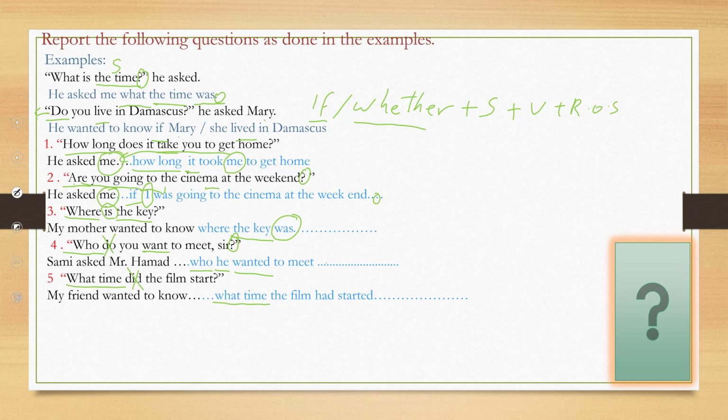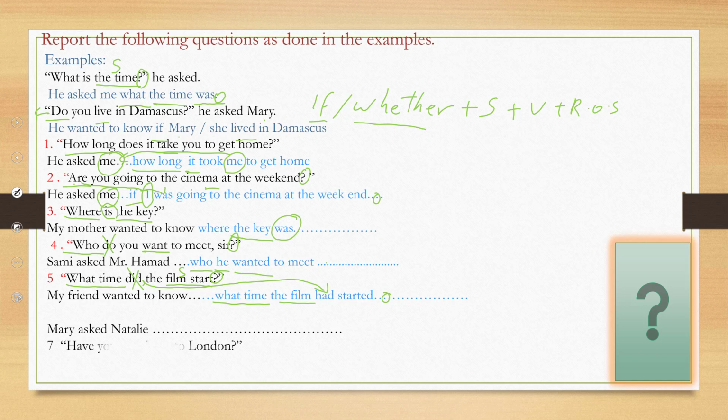What time? Then the subject. This is the subject of the sentence. What time the film. The verb is past tense, it's changed into past perfect, had started. And the question mark is changed into a full stop.